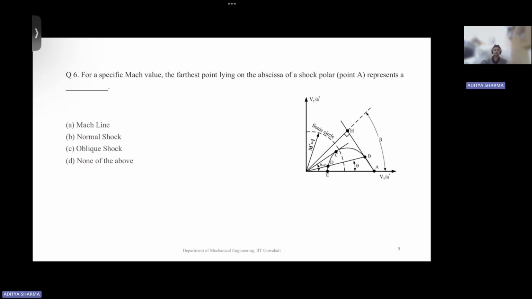So shock polar has been given to us, and the question says that for a specific Mach value, the farthest point lying on the abscissa of a shock polar represents a dash.